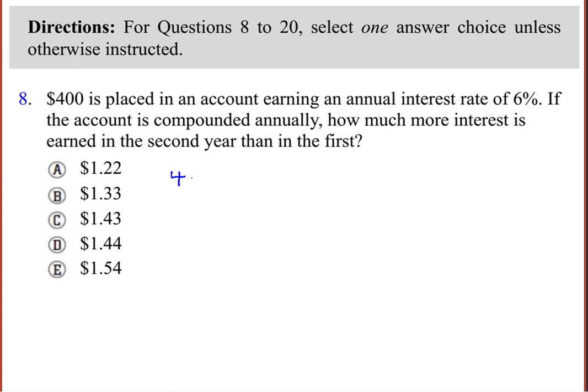Okay, your money is 400, and after 1 year, 6% of your money will be added to your actual money. Increasing is the summation. So let's use the calculator.